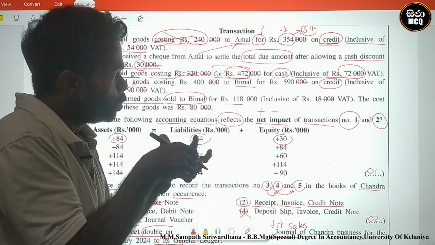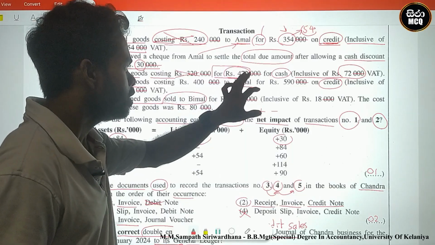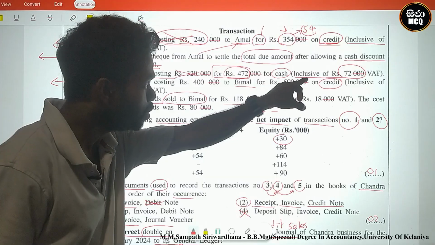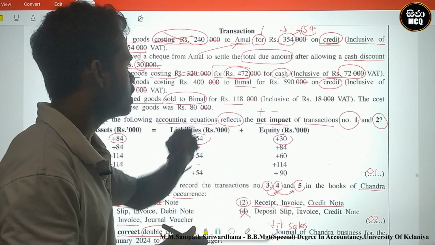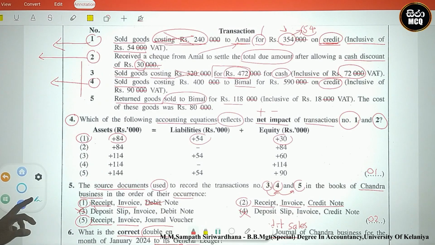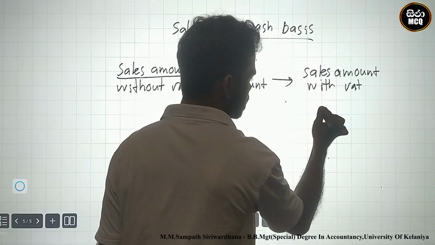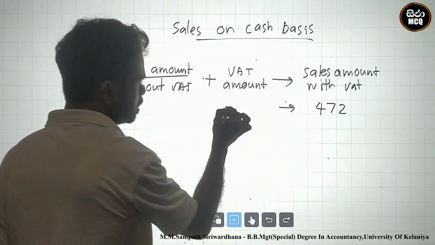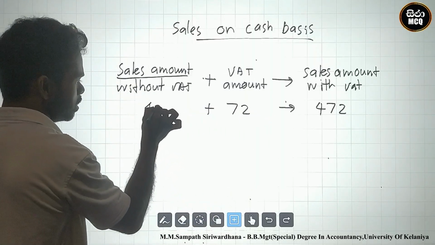Inclusive means this is included. 472 means the amount with VAT, including VAT, and the VAT amount is 72, without VAT is 400.